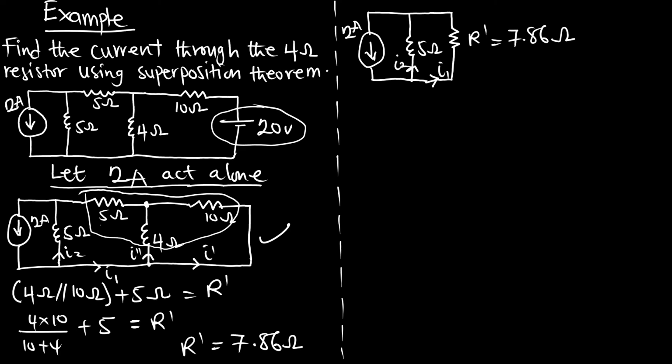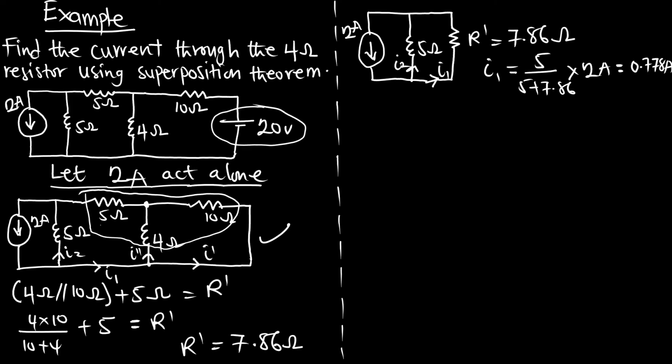The current divider rule is going to help us get I1. So our I1 is going to be 5 on 5 plus 7.86 multiplying the total current, which is 2 amperes, and this is going to give us 0.778 amperes.